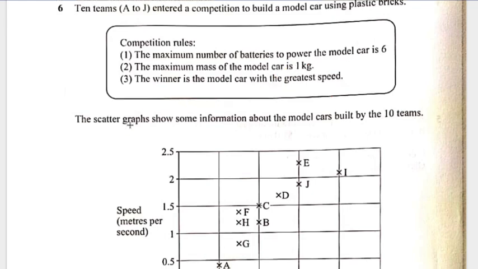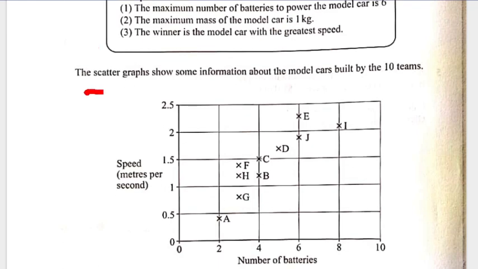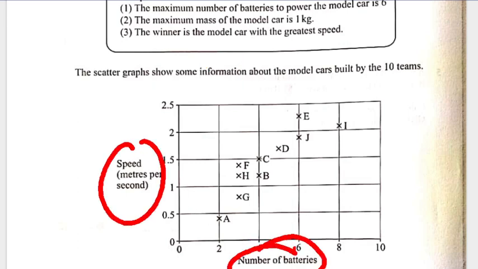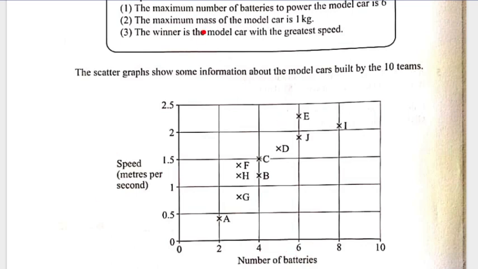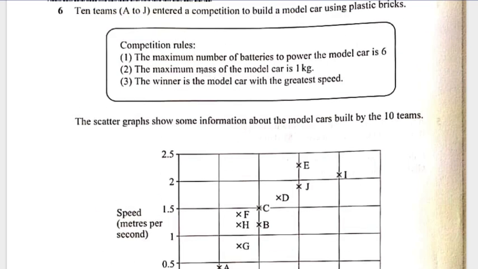Let's see what we have here. The scatter graph shows some information about the model cars built by 10 teams. So you have all the 10 teams here. This is speed against number of batteries. The maximum number of batteries is 6.